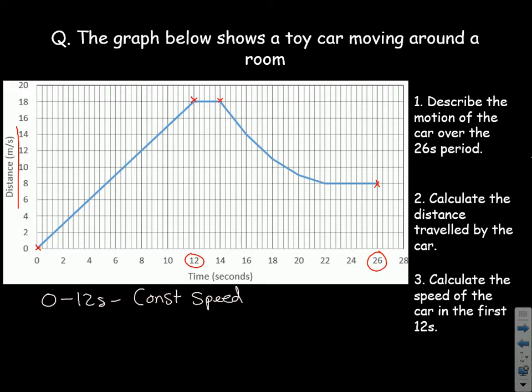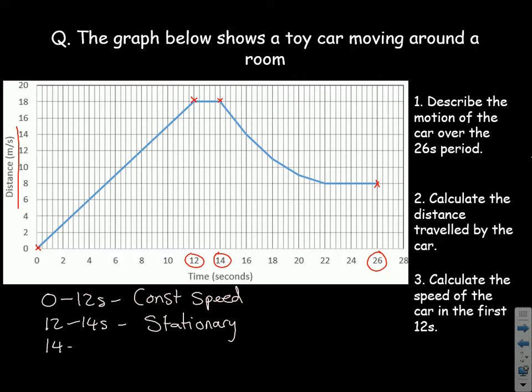Okay then, so our next bit, from 12 seconds to 14 seconds. So from 12 to 14 seconds, the object hasn't changed its distance, therefore the object is now stationary, it is now not moving. Okay, and then our last bit from 14 to 26.